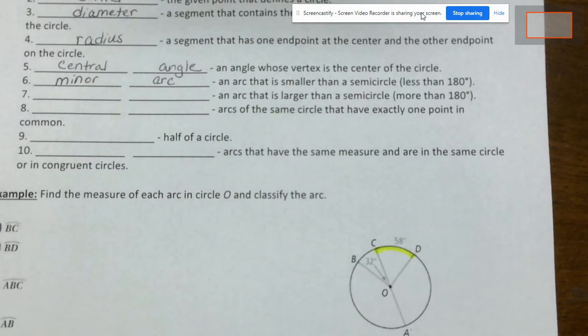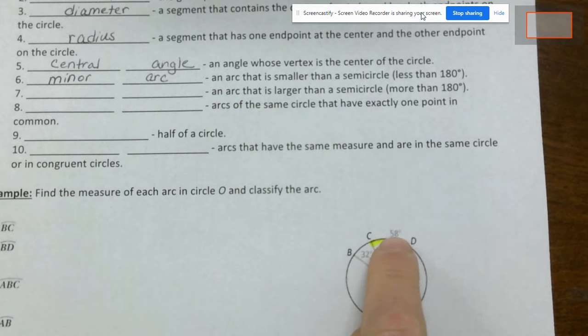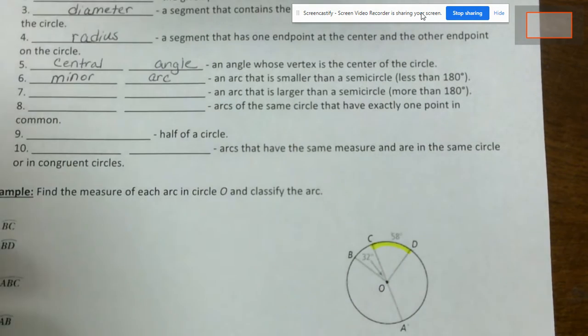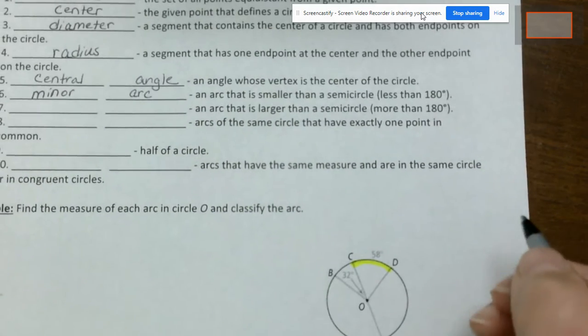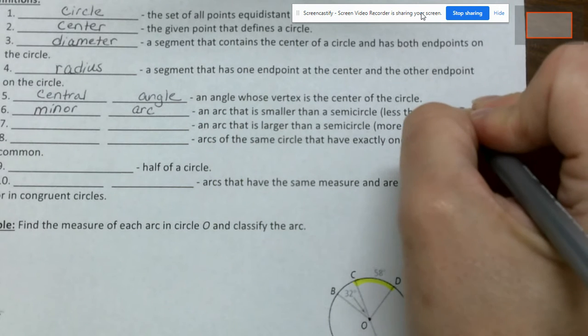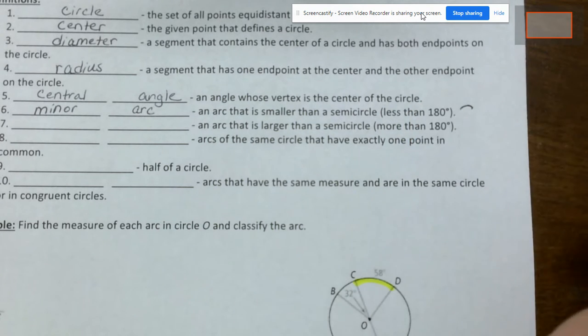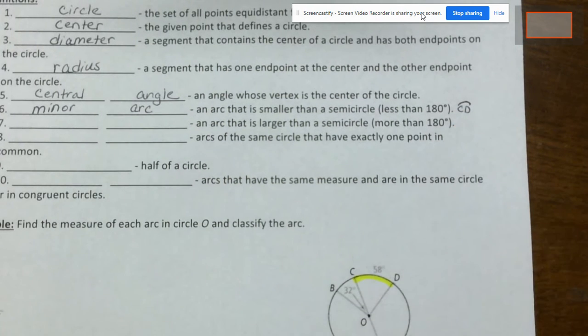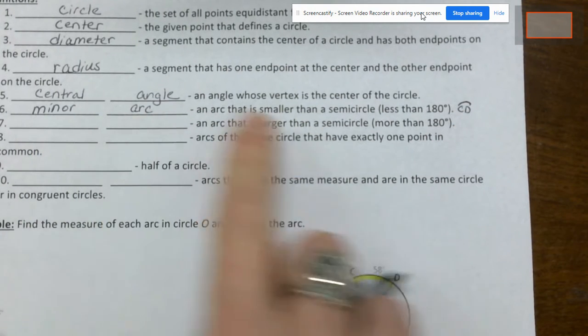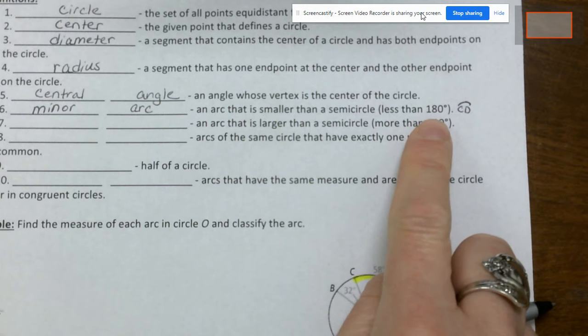And you'll see here that I've told you in this example, this one is 58 degrees from C to D. That arc is 58 degrees. So how you would say that and write it is we would say arc, and we'd label it like that, and then we put the C and the D under it. So arc CD.